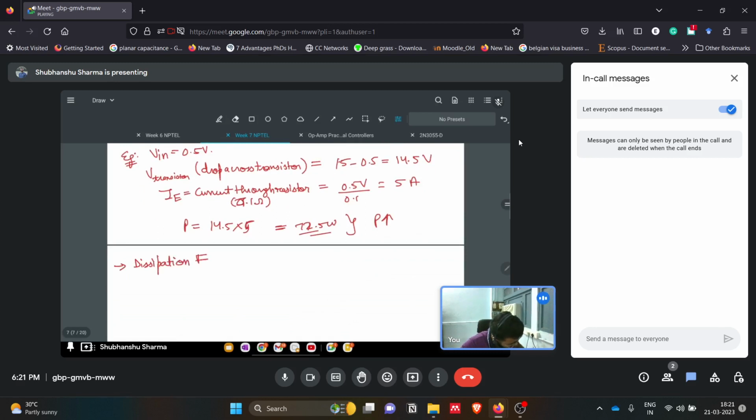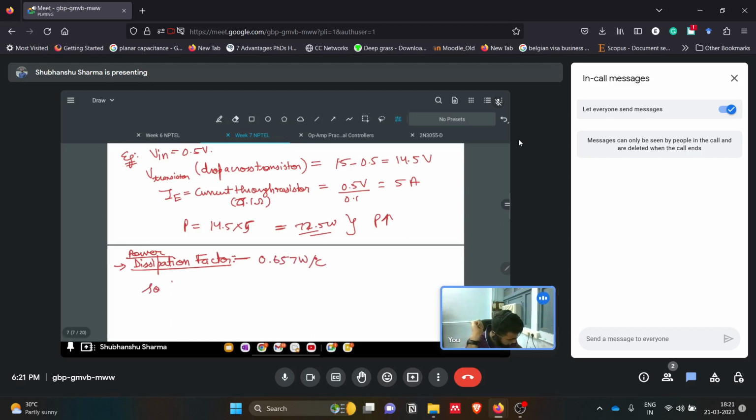Based on the data sheet, the power dissipation factor is 0.657 watts per degree Celsius.